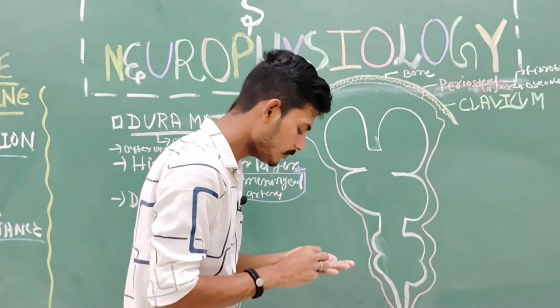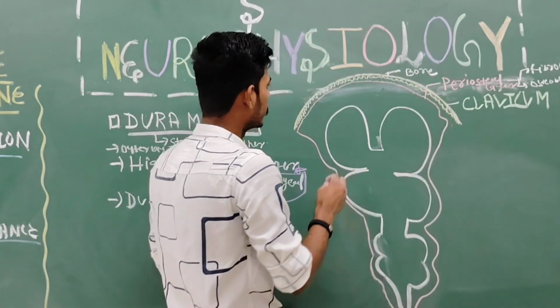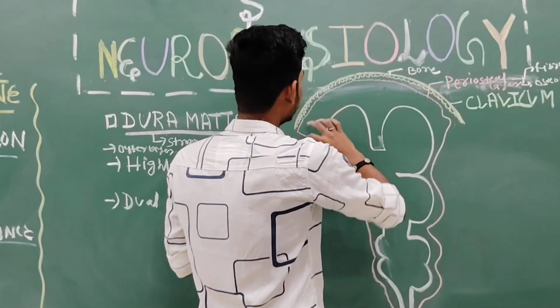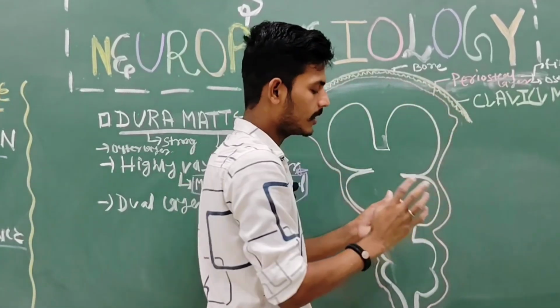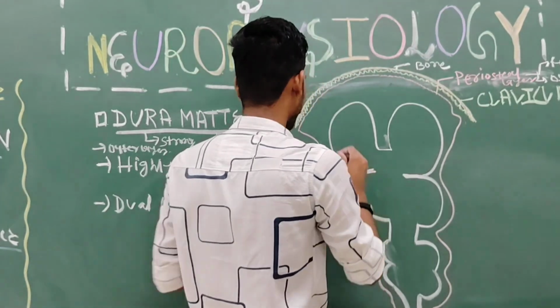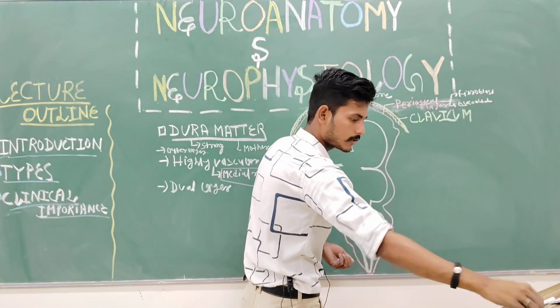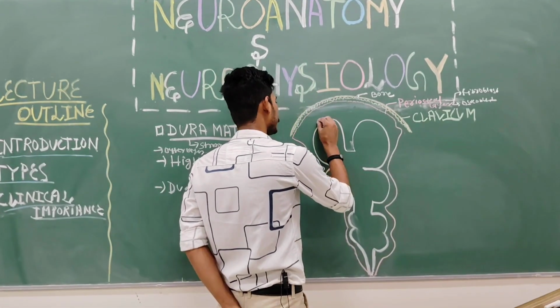Now, beneath the periosteal layer, there is another layer which is present. Okay, I should change the color.